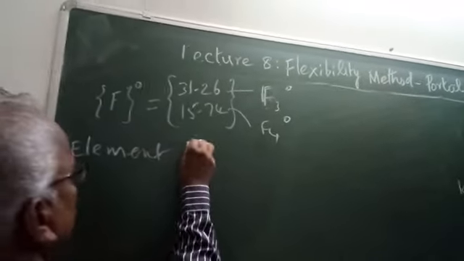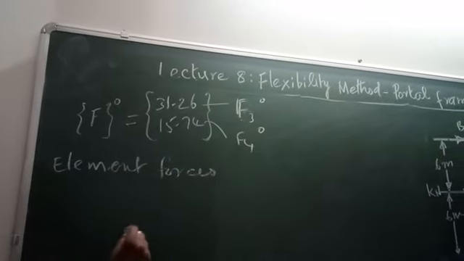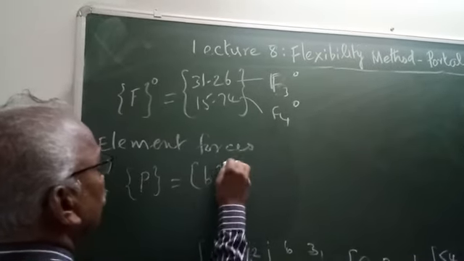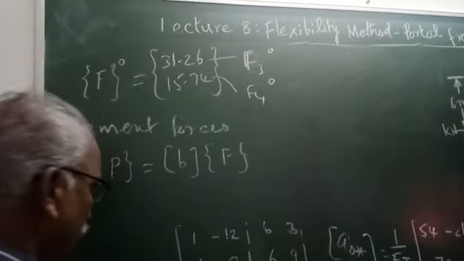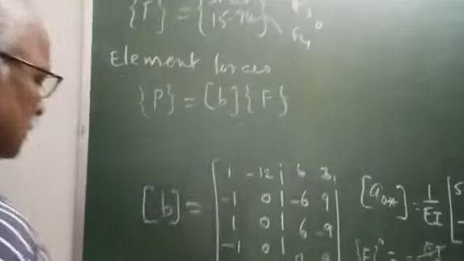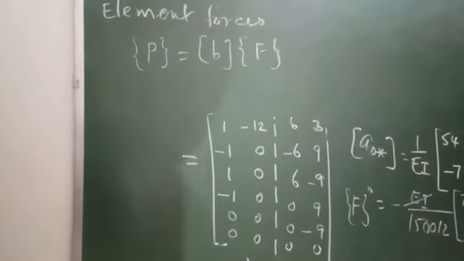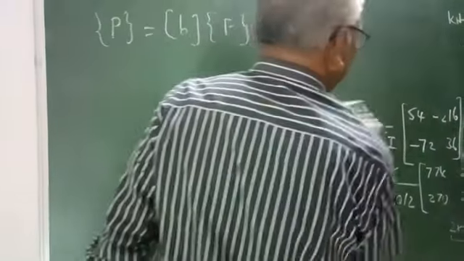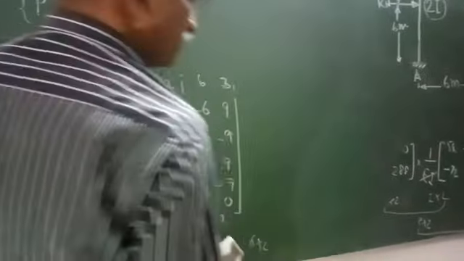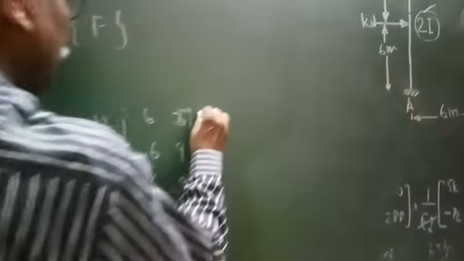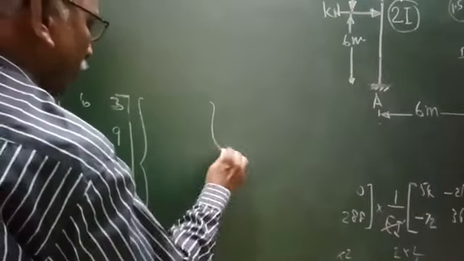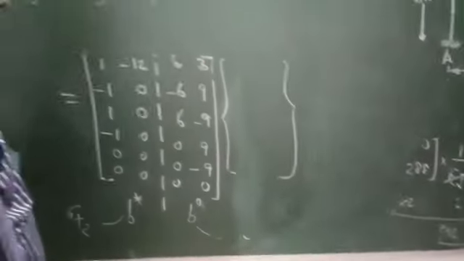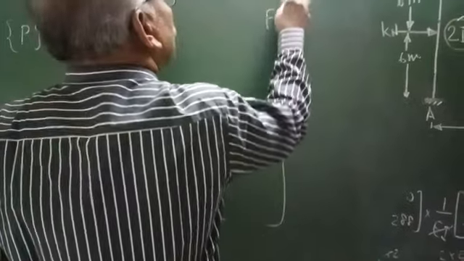We have 6 element coordinates, so the forces along the element coordinates, namely the element forces P1 to P6, will be given by B into F. Now, the B matrix is here. F consists of F star and F naught.